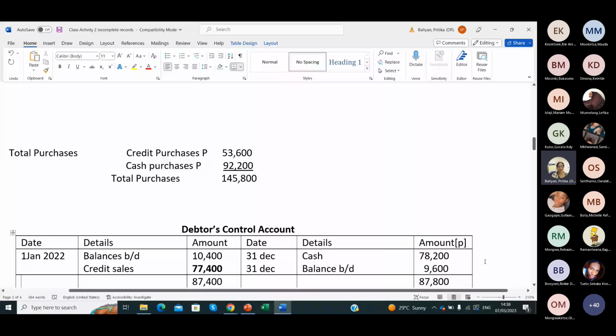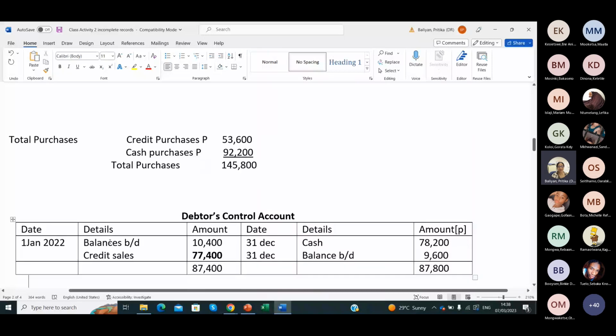So we start with the opening balance, which is given in the question, 10,400. Then during the year, they received cash of 78,200. Then the closing balance is 9,600.